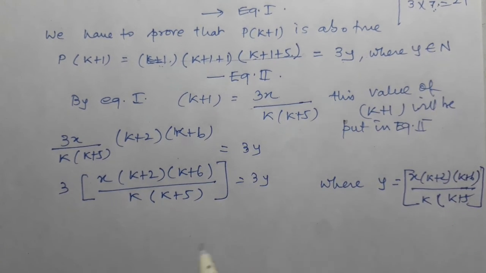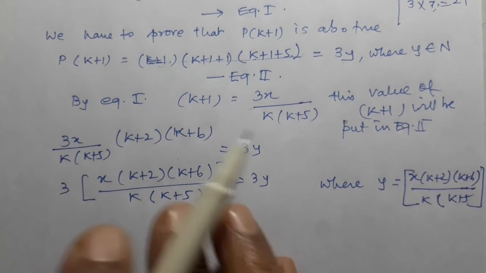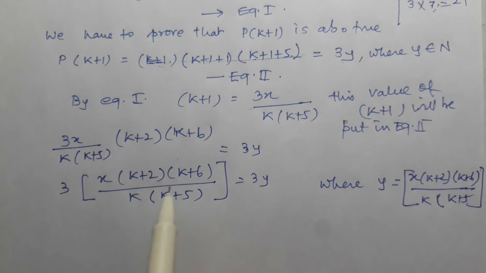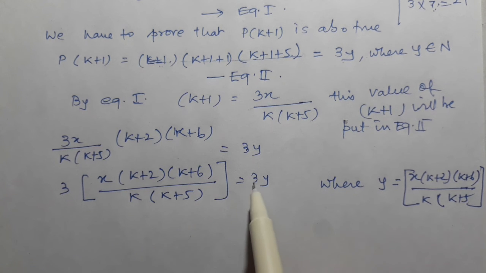So we find that this is a multiple of 3, whatever may be the value of this part, but after all this is a multiple of 3. So this is a multiple of 3, y means this part.